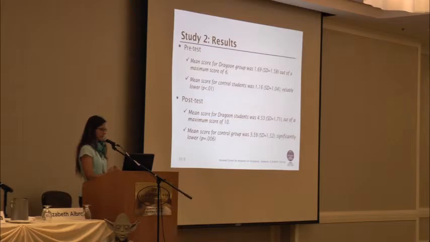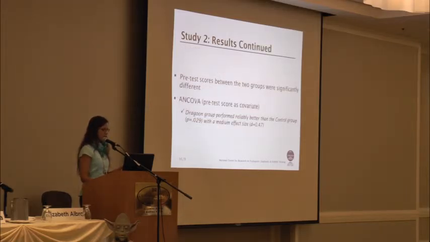So here we have some results. One of the things we noticed is that on the pretest there was actually a significant difference between the Dragoon and the control students, with the control students performing lower. So we ended up controlling for that with the post-test results, using an ANCOVA.